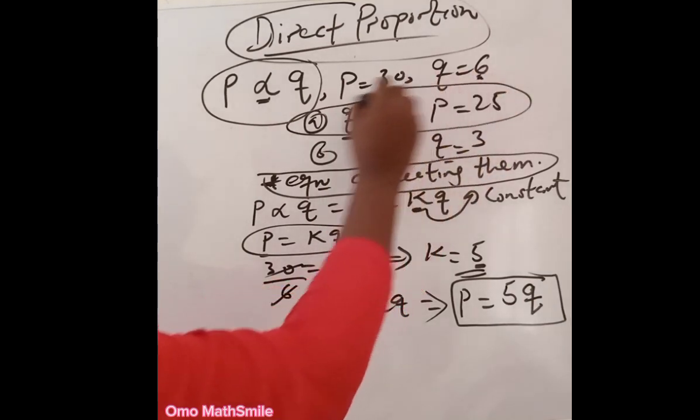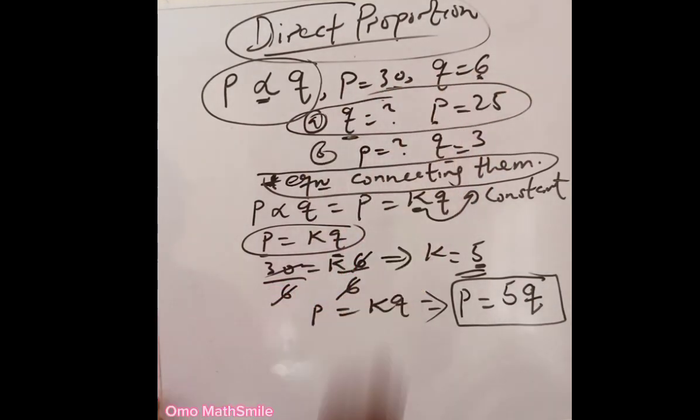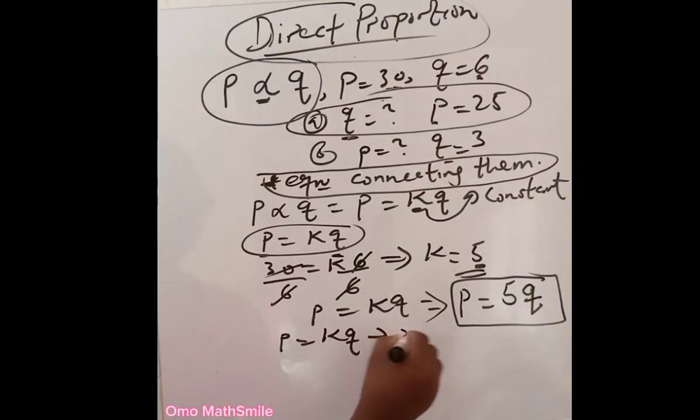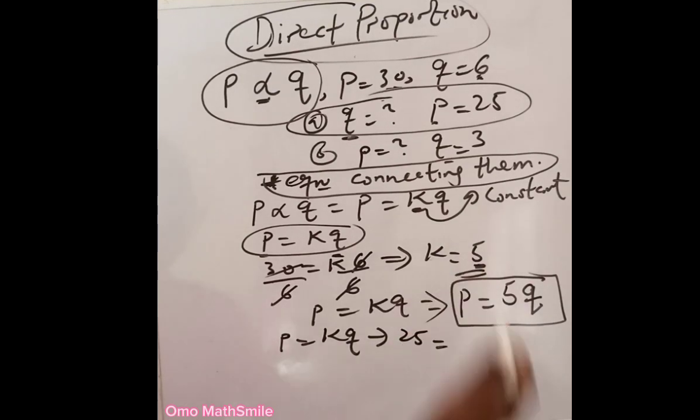Now let's move to the other part of the question that says we should find Q when P equals 25. How do we determine that? It's also easy. All we need to do is substitute. Writing out P equals KQ, since we are given P equals 25 and we do not know the value for Q, we just substitute.